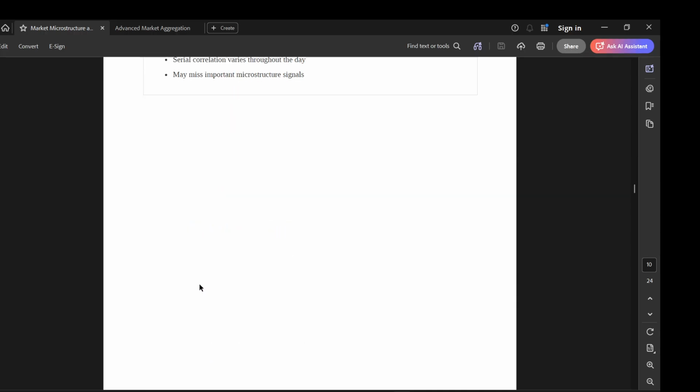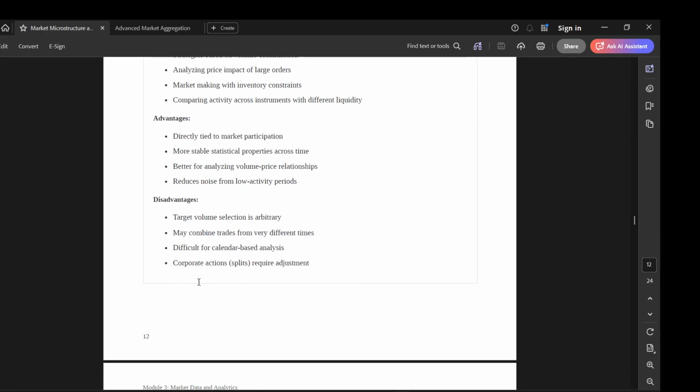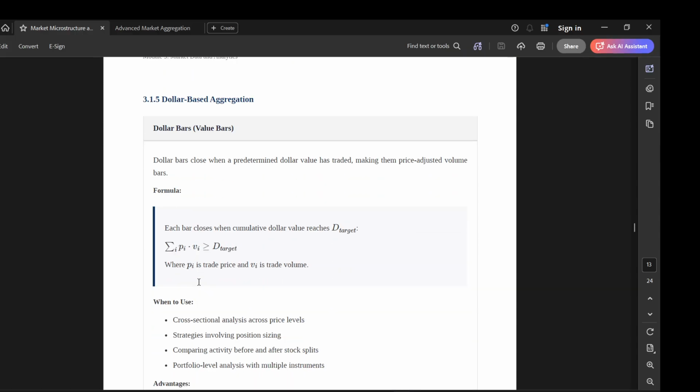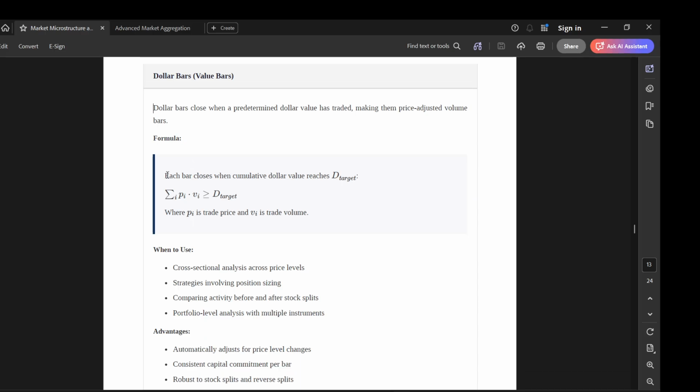Now, on the previous video, I promised that I'm going to talk about dollar-based aggregation, and here it is. So what is a dollar-based aggregation or dollar bar? The formal definition states dollar bars close when a predetermined dollar value has traded, making them price adjusted volume bars. Here's the formula.